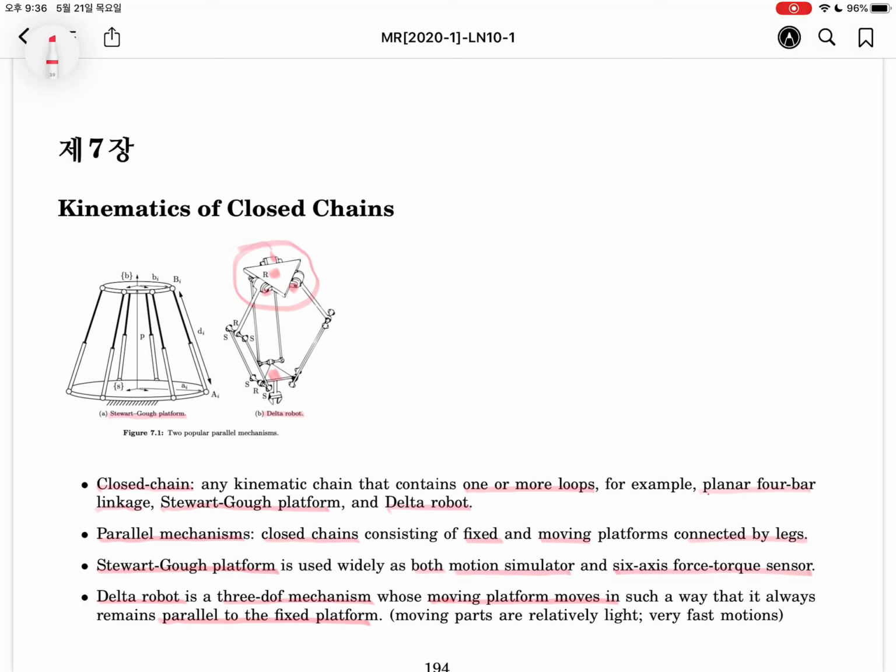Every actuator is located at the fixed platform, so the moving part is very lightweight, so it can move fast. So the delta robot has 2 kinds of advantages: the moving part is relatively lightweight, and it has very fast motion.